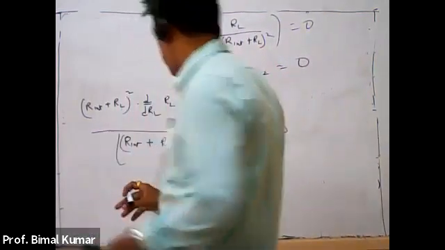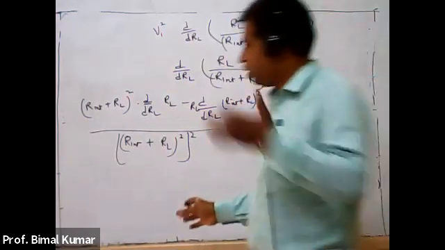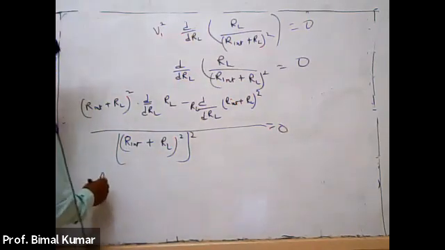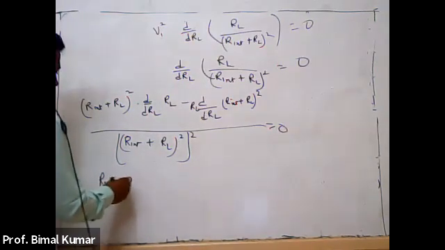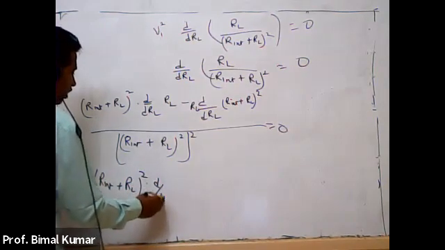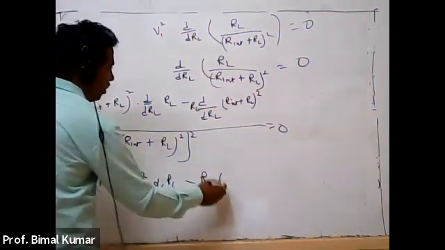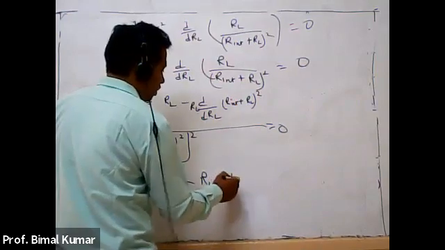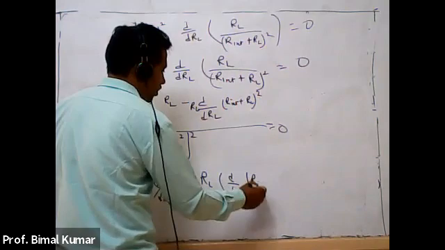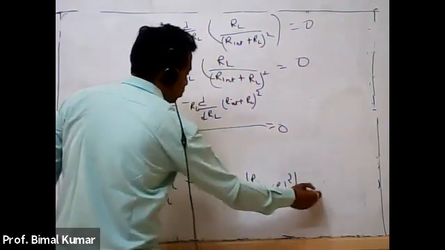Right? So here, if I cross multiply, only the numerator will be left: R internal plus RL, its whole square into d by dRL of RL minus RL into d by dRL of R internal plus RL, its whole square is equal to 0.